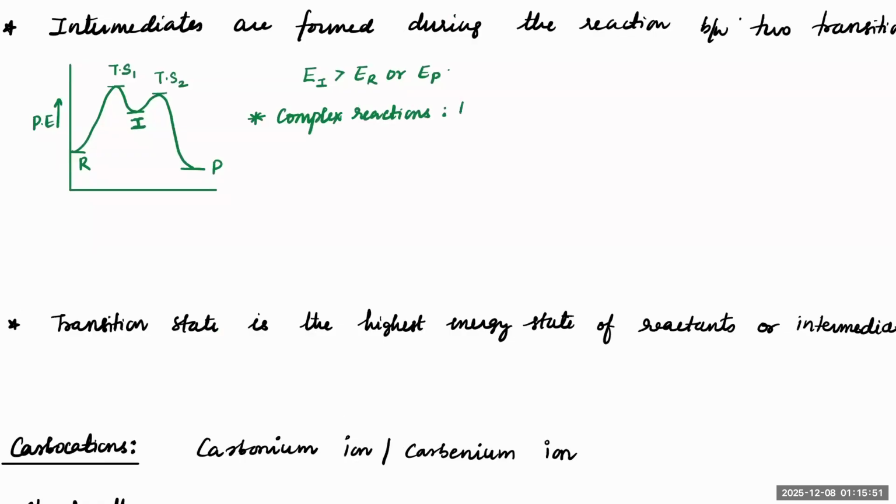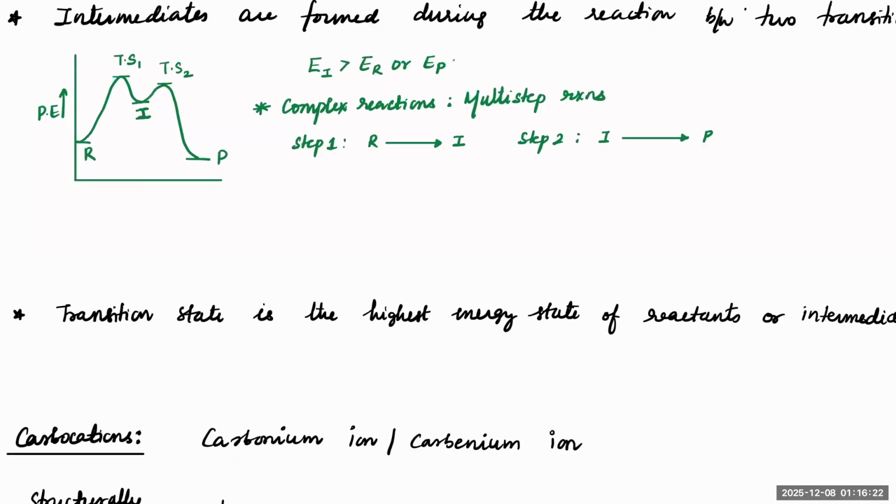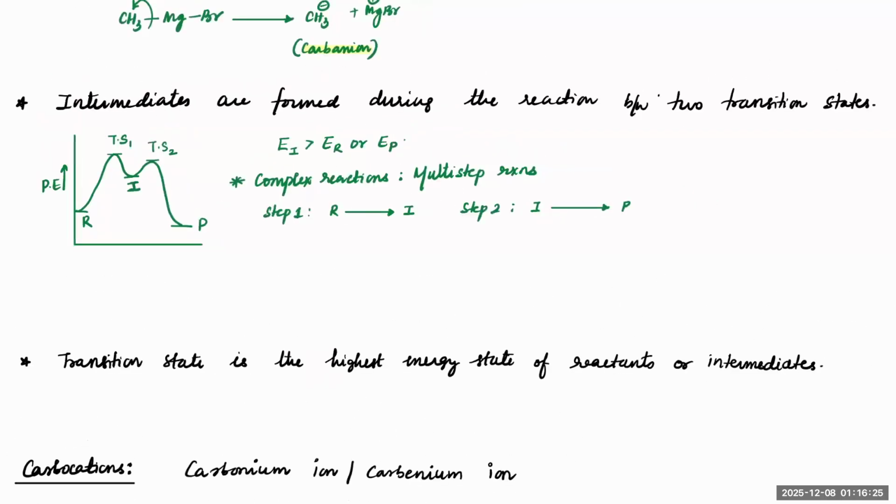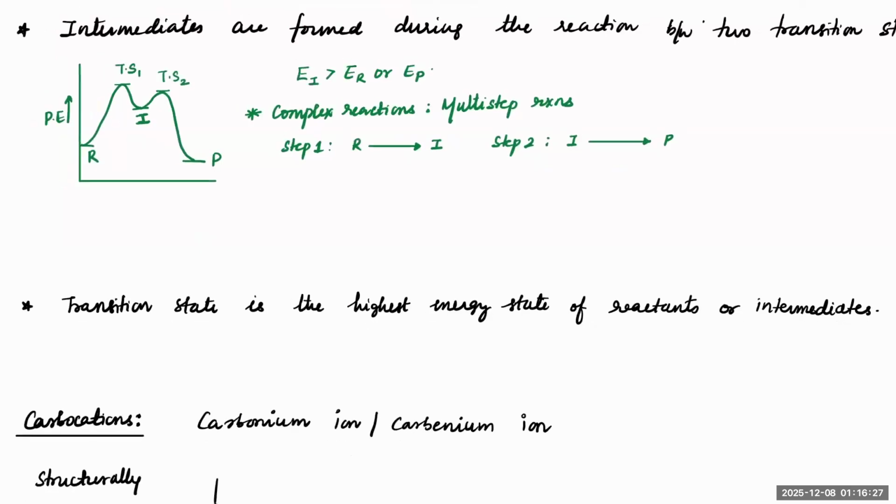Complex reactions are usually multi-step reactions, which means you can see here step one being the reactant converting itself into an intermediate. Step two is the intermediate following up towards the product formation. So there are two steps happening in this reaction.